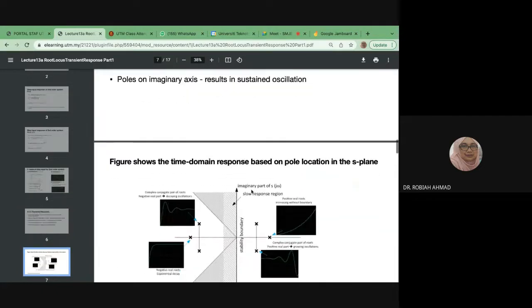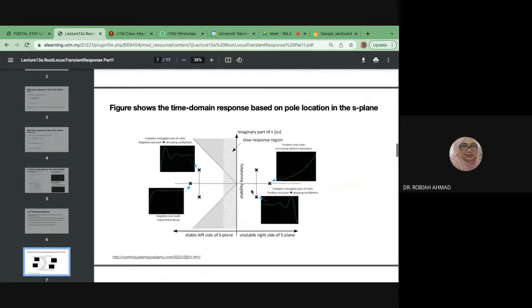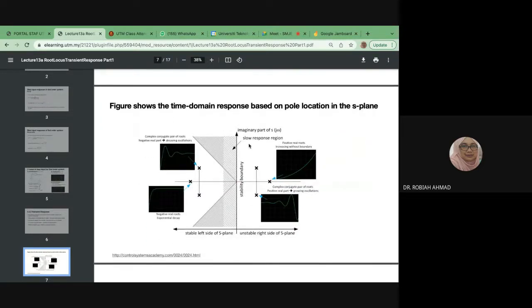Okay, so figure here, now you can see, class? I have the S-plane as well as the graphical response of a system. Nampak? Page 7. So this is actually what we did lah. Kita tengok response. For example, kita tengok yang top left.